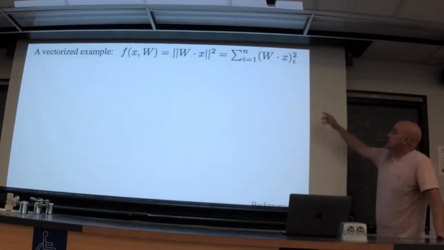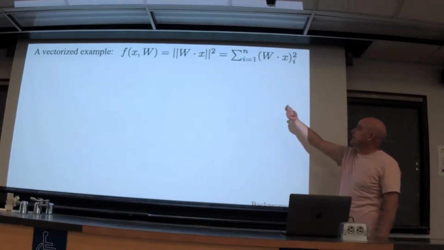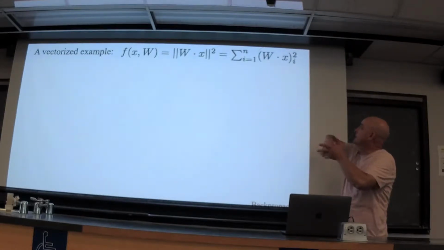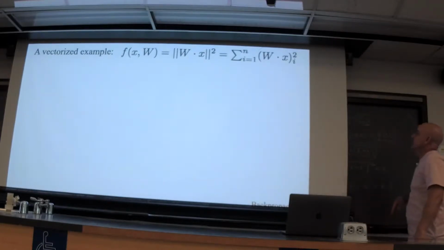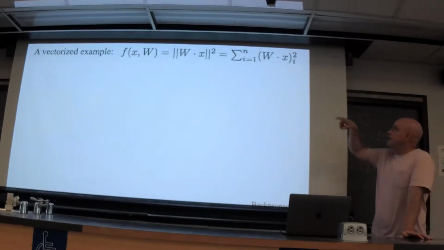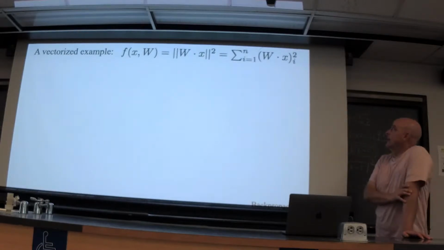So the way that looks is we take each of the individual entries in the resulting vector, and we square them. We add them all together, and that gives us the square of the magnitude, or the Euclidean magnitude. To get the magnitude, we would just take the square root of that.